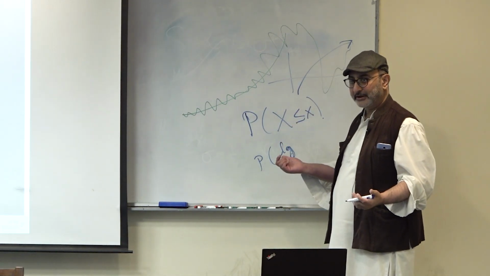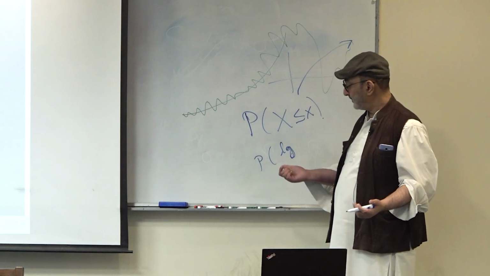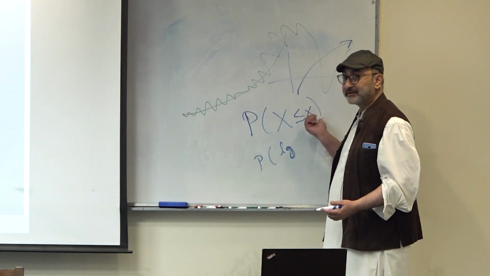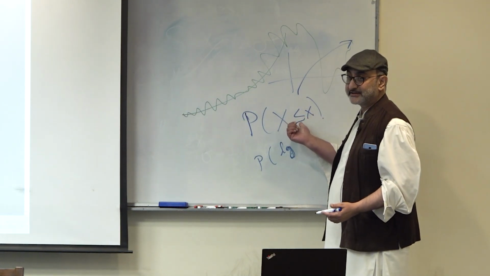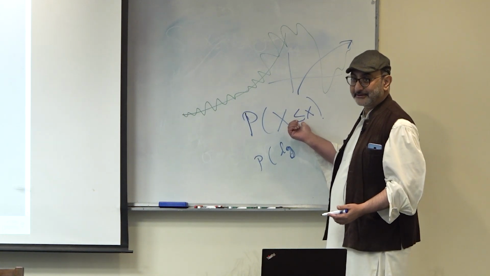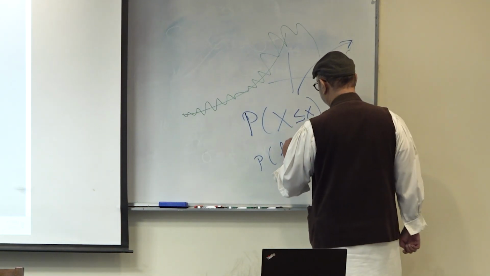It's a one-to-one function, so I can just take the logarithm of both sides and nothing happens to this inequality. But what was the logarithm of x?